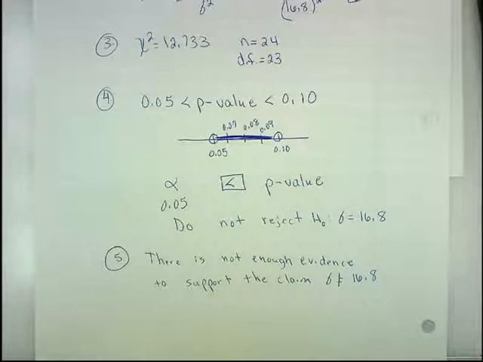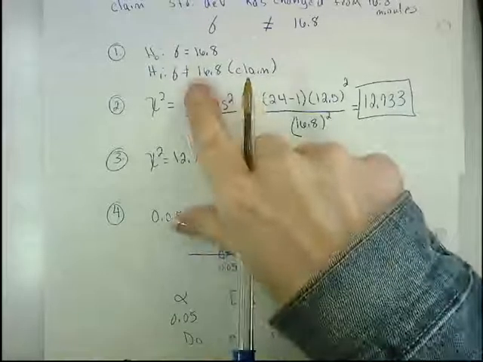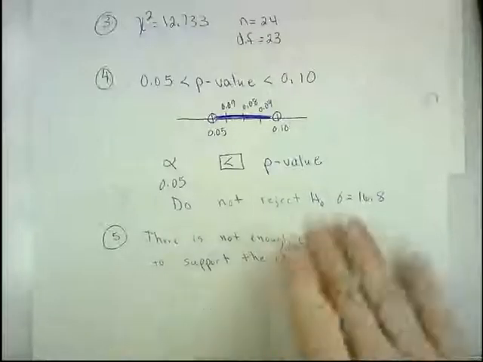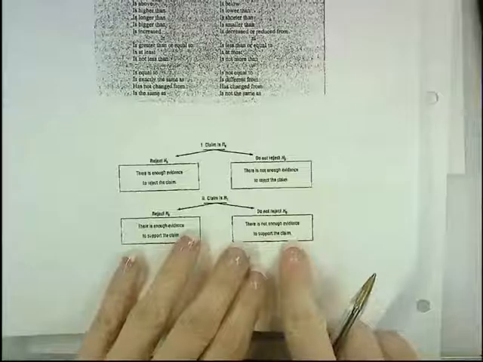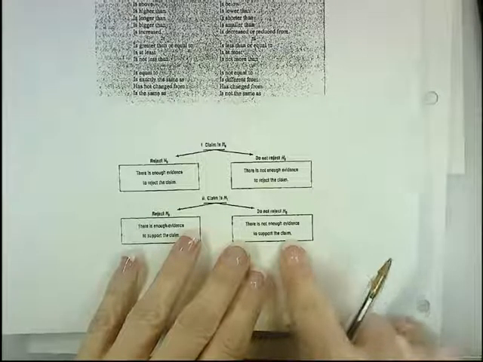There's not enough evidence to support the claim. If you need to see your diagram, again, the claim is the alternative, and we do not reject the null, so we're here. There is not enough evidence to support the claim that the standard deviation has changed from 16.8. And there you have it.